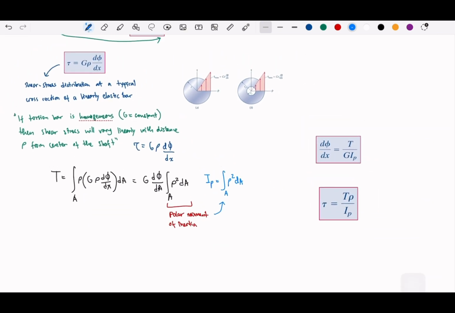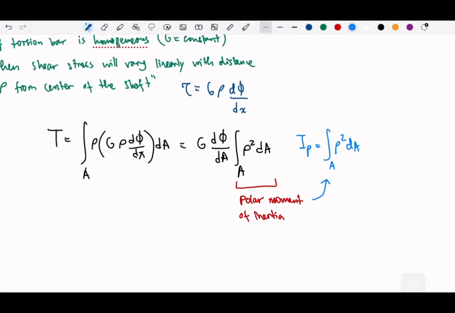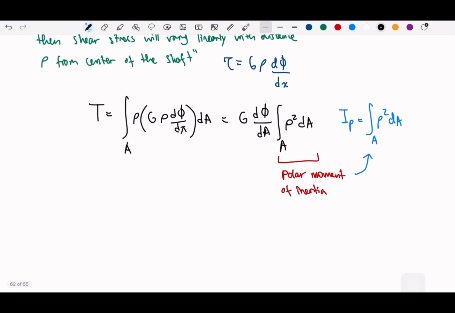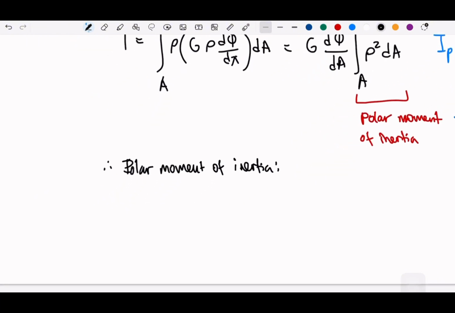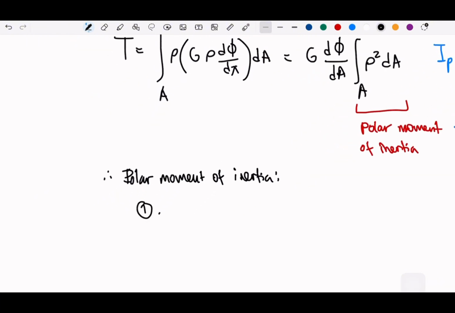For the polar moment of inertia, the first one is pi r to the power of 4 over 2, and this is always true for all solid sections.